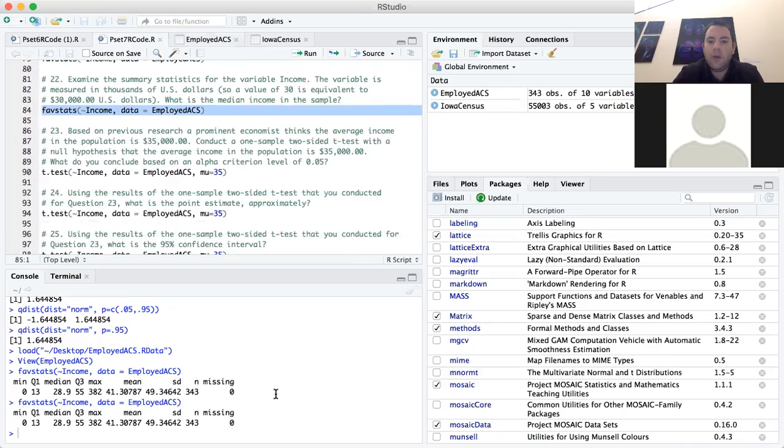So our question is whether, using a t-test, the population average income is 35,000 or not, and we're using an alpha value of 0.05. So this will be a two-sided t-test using the income data in this data set, and with a mu equal to 35.